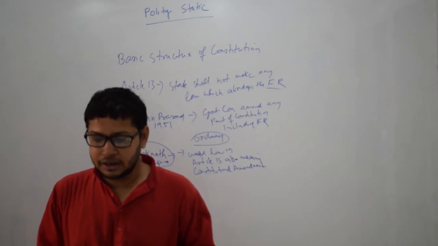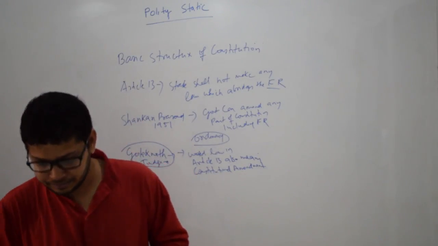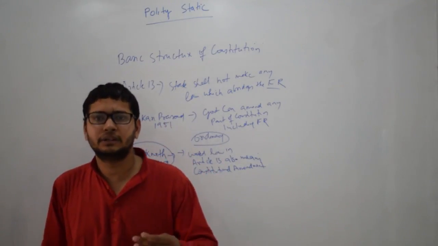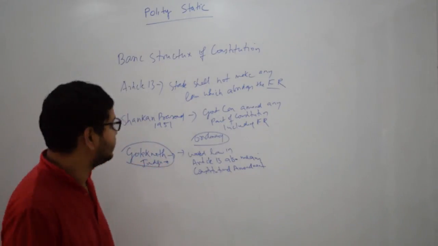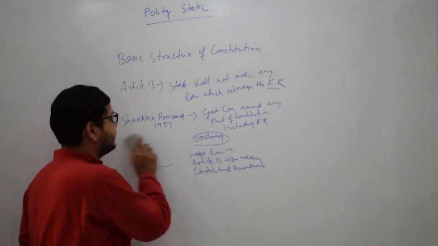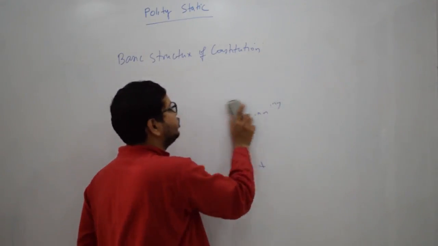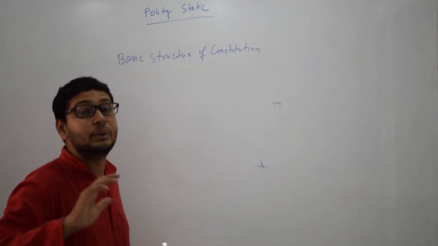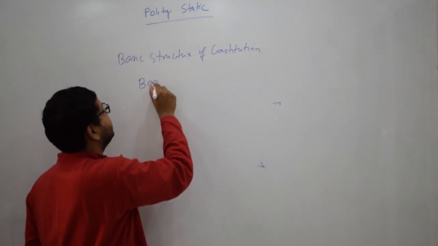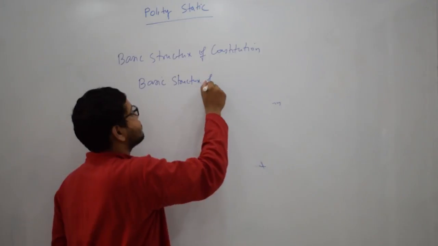Later, the Kesavananda Bharati case overruled the Golaknath judgment and declared that the 24th Amendment is valid, but it brought the concept of basic structure. The Supreme Court said that Parliament is free to amend any part of the Constitution, including the fundamental rights, but it cannot change the basic structure of the Constitution.